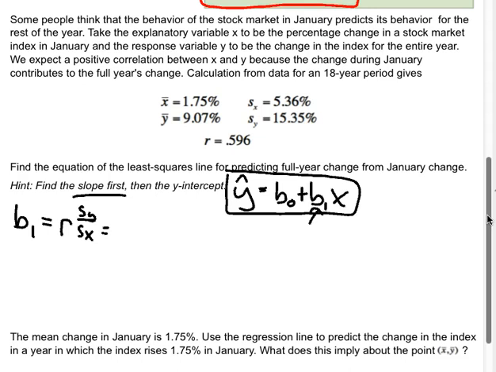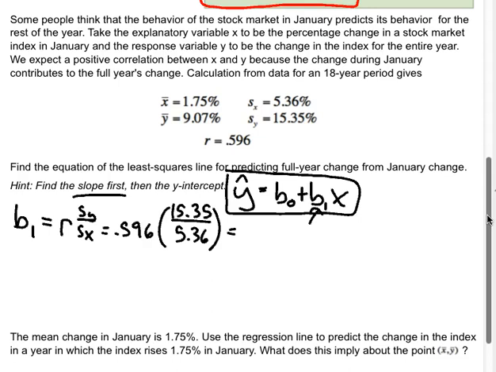All right. So again, this is really just a computation now. R is 0.596. SY is going to be 15.35. SX is going to be 5.36. So really, it's just plugging in those numbers that you're seeing.